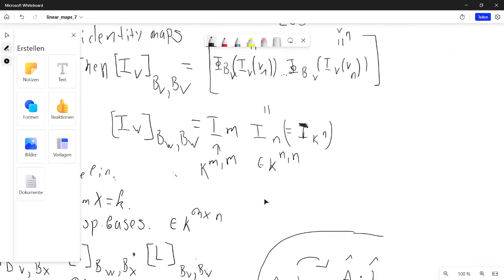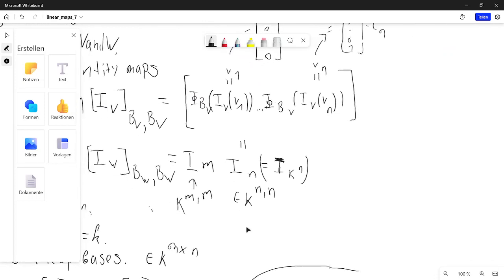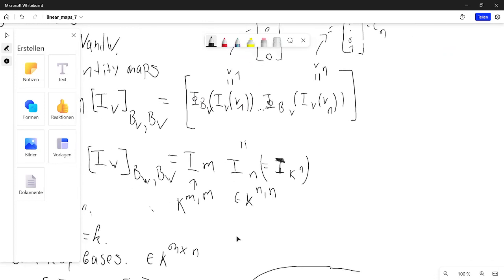Now we have established some connections between representation matrices and coordinate maps.